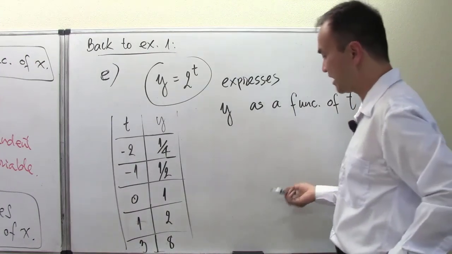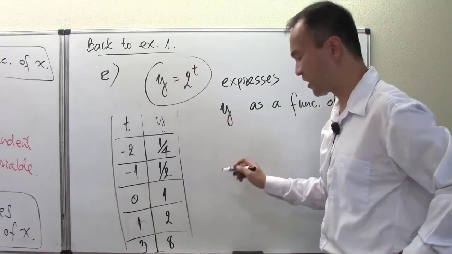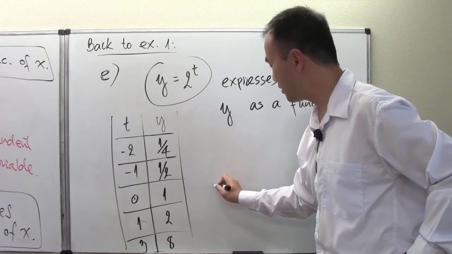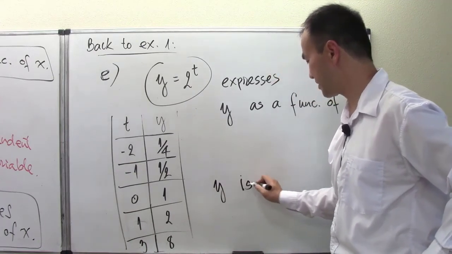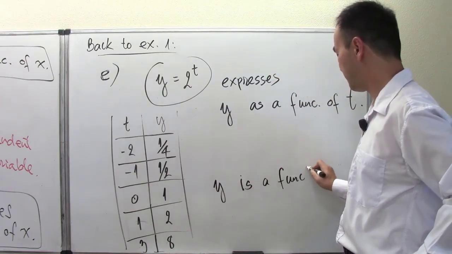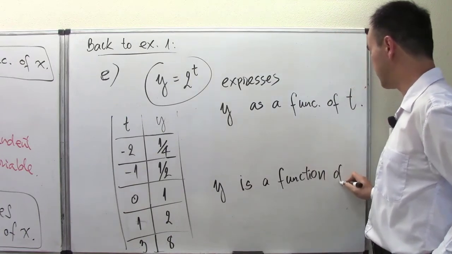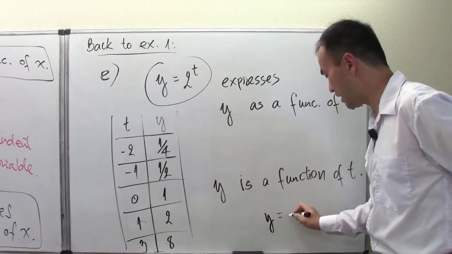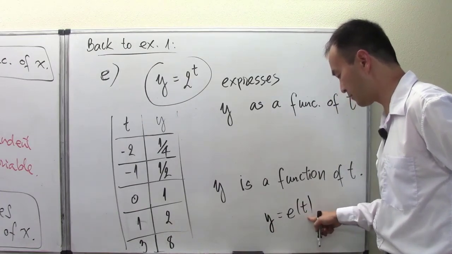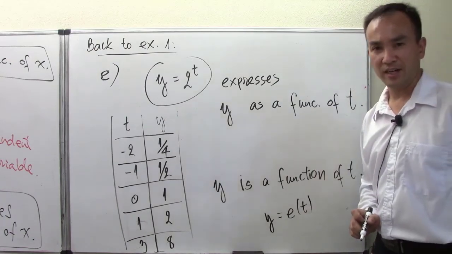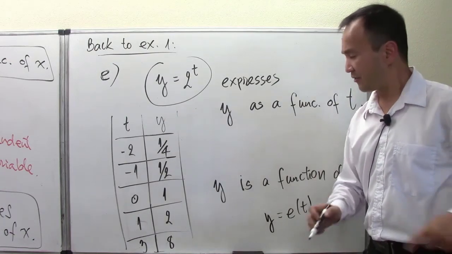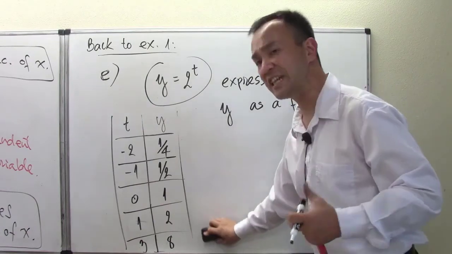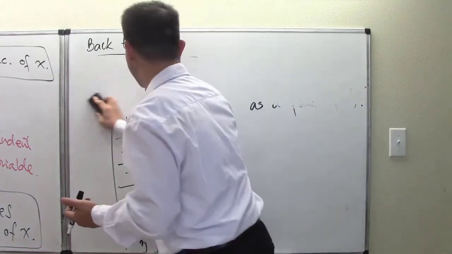Or even in short, I don't even need to rename that function. I can just say, right from that function, that y as a variable is a function of t, because we obviously had y equals 2^t. It's a function of t. That's what it is. All right, so that's some further details that I would like my students to have.